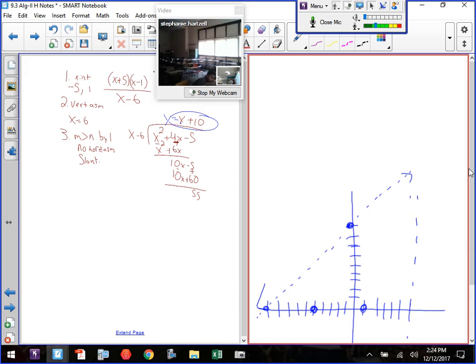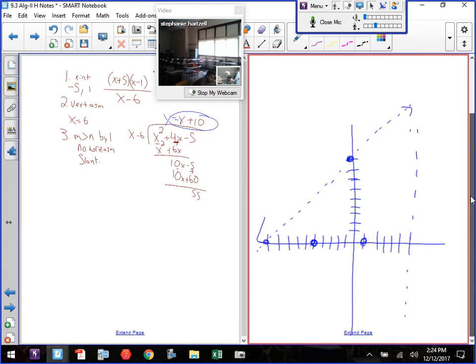Now, this is where things kind of get a little bit weird, if they haven't already. This asymptote runs into this asymptote there. Are we okay with that?